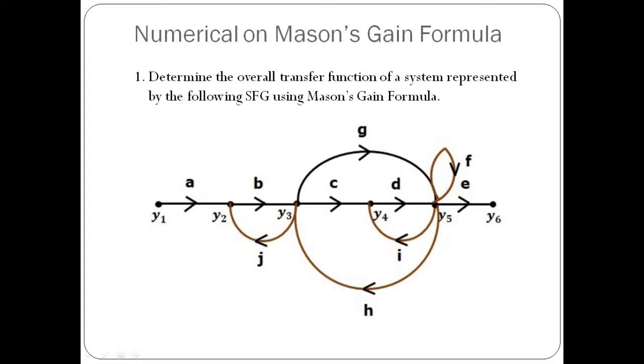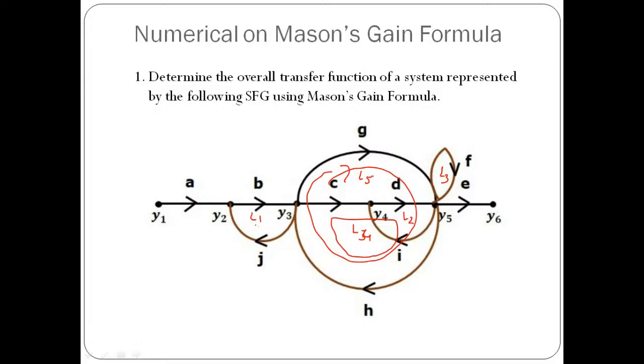Now in this case, we identify that we have total 5 loops: this indicates L1, here this indicates L2, and then this bigger one indicates L3, this will be your L4, and the outer one will be the L5. Now we need to identify pairs of non-touching loops, 3 non-touching loops, and so on. Now see, a pair of non-touching loops means what? The loops which do not have any common node in between them.